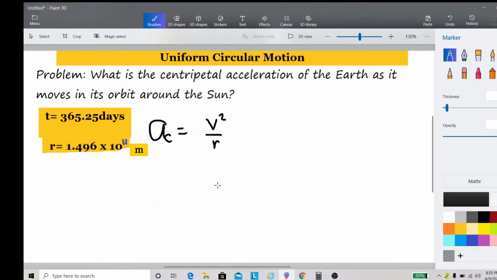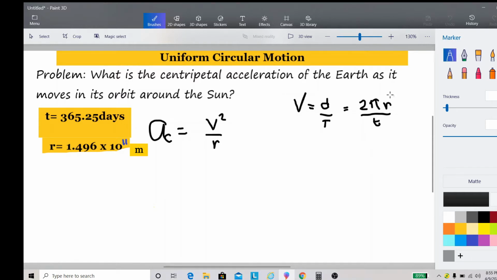Now, v is equal to the displacement over the time. What is this displacement? It is one complete revolution, just like the circumference of the circle, which is 2 pi r, divided by t, the time.